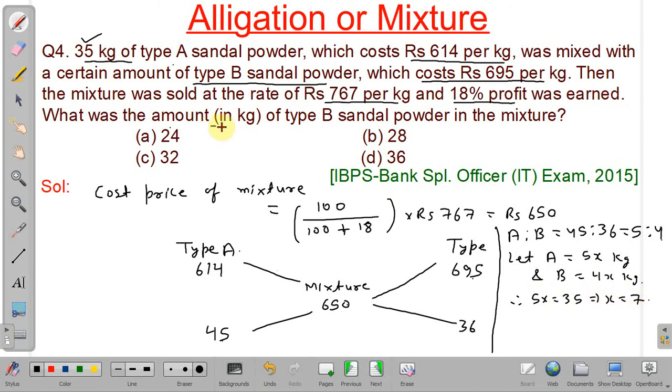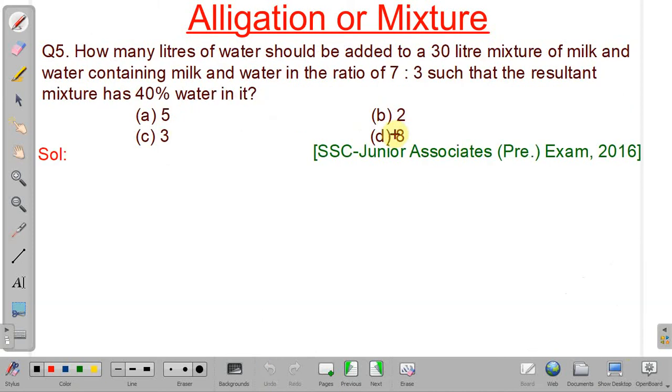And we have to find the quantity of type B. So the quantity of type B is equal to 4x. So 4 into 7, that is 28 kg. So our answer will be option number B. We will discuss the next problem.